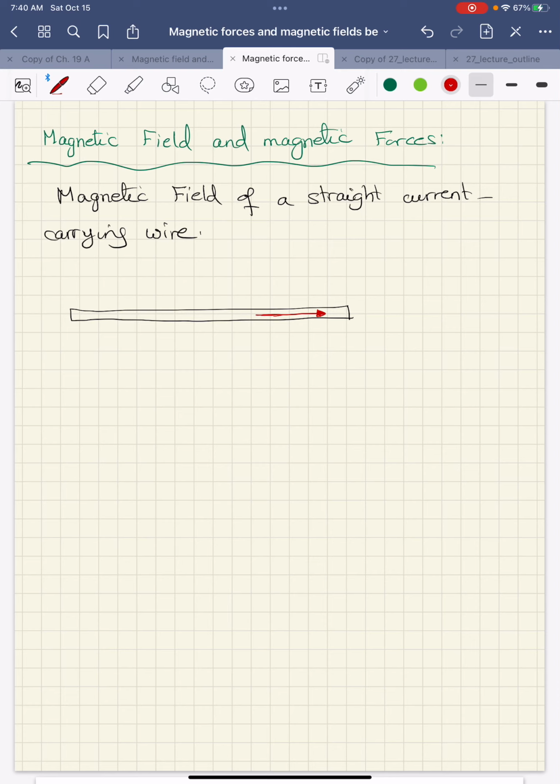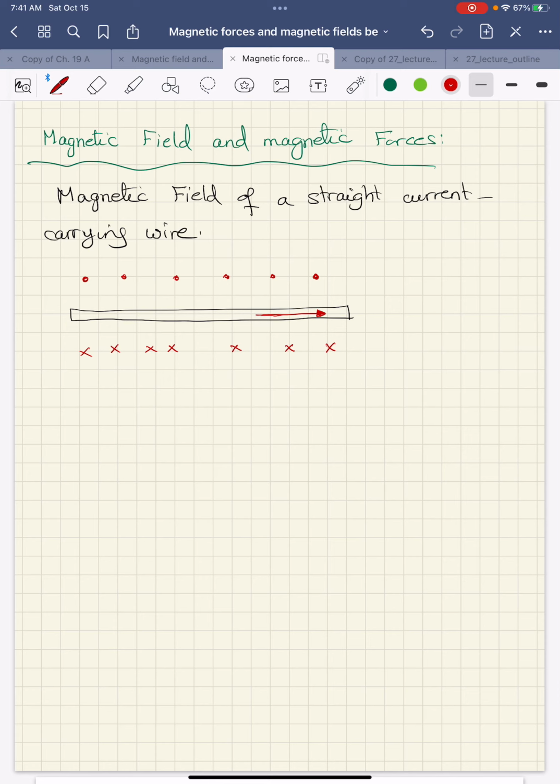Now when you do this, the points on top of the wire are going to have the magnetic field out of the page. And a point that is below is going to be entering.